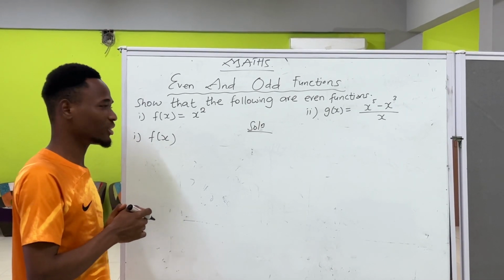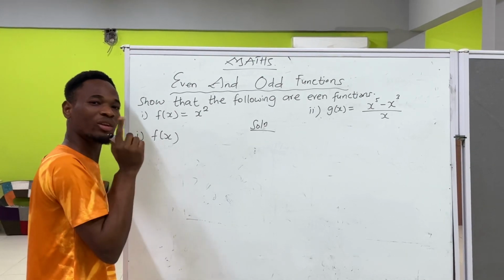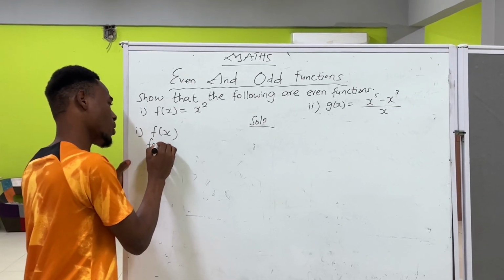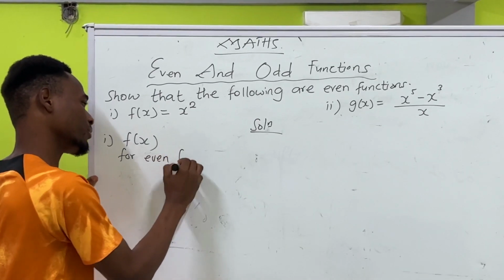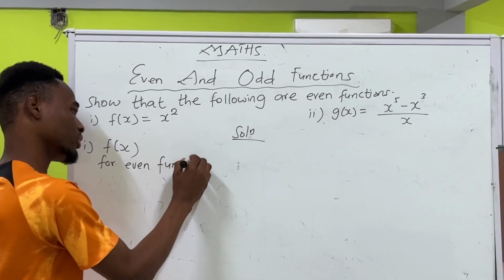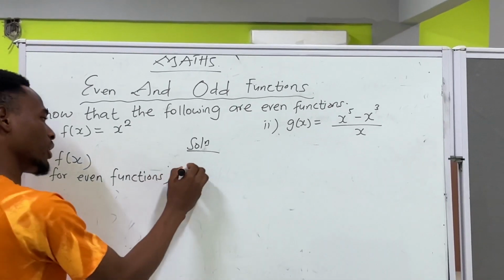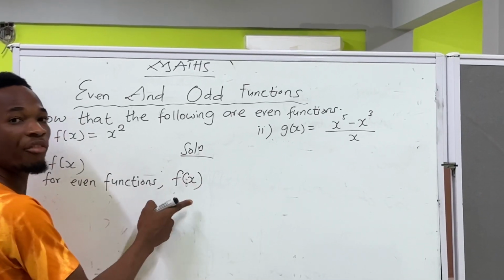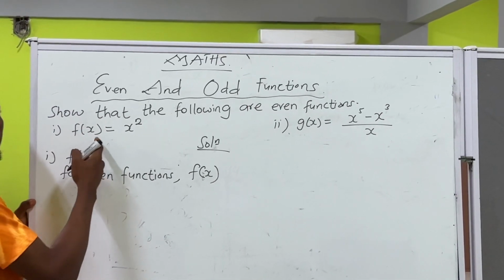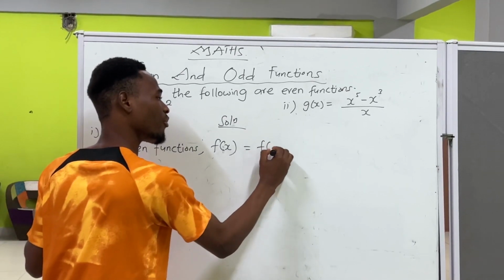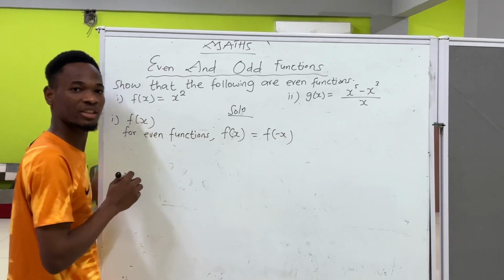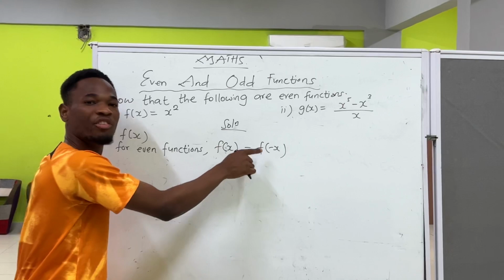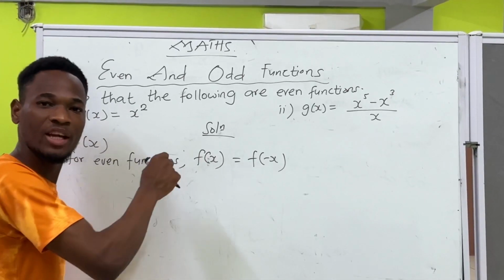Do you understand that way? And I told you that for even functions, my function f of x, which will be given in the question, should be equal to f of what? Negative x. And I told you that the f of negative x implies that I should negate what?